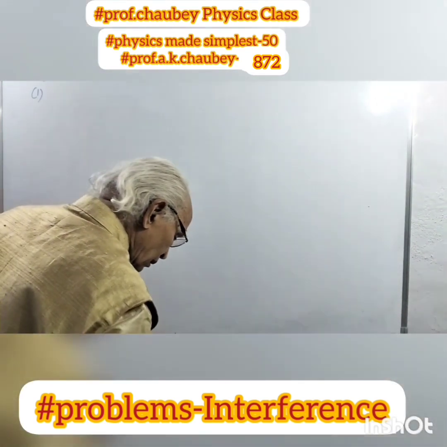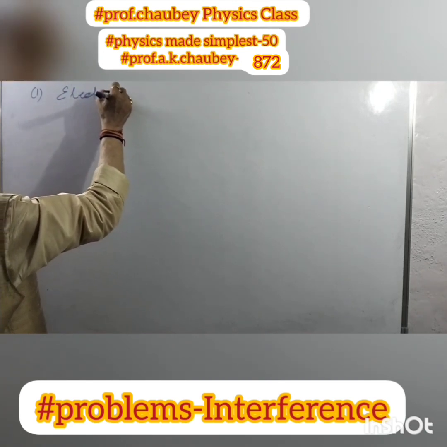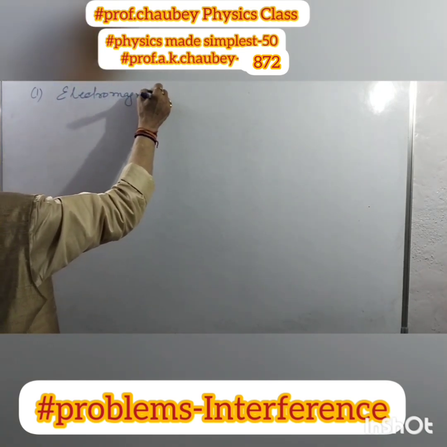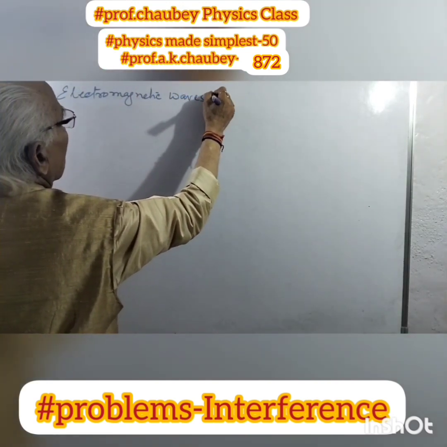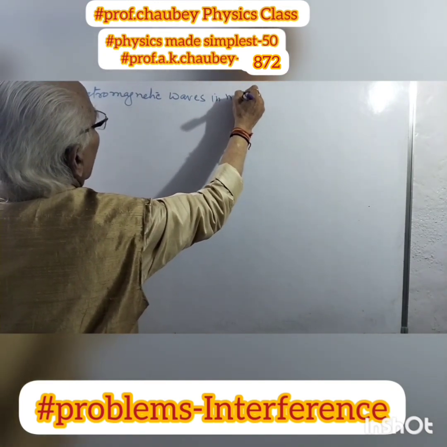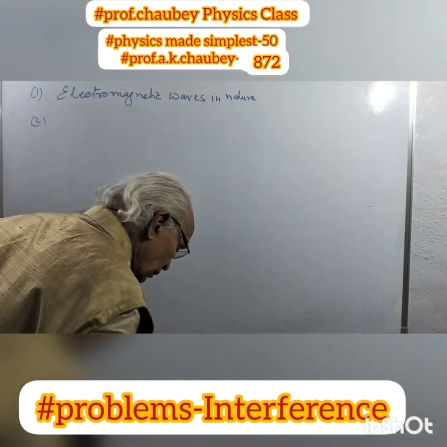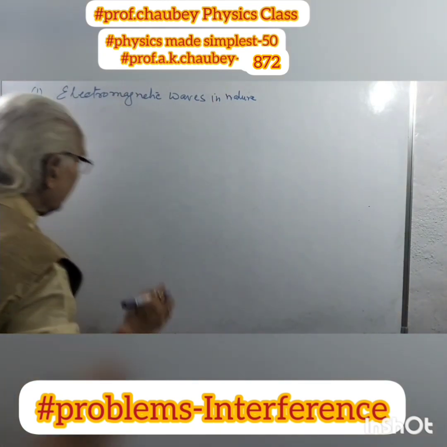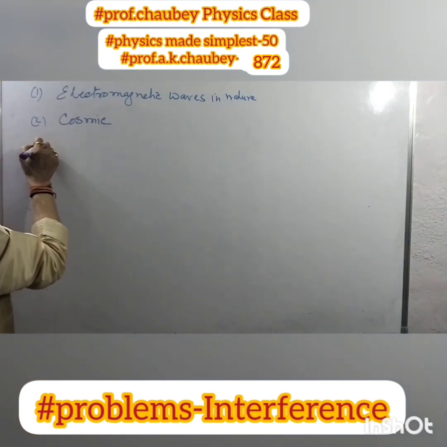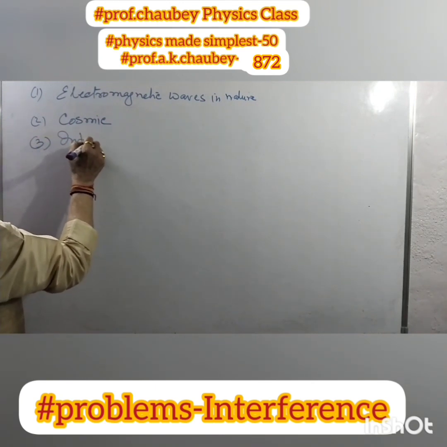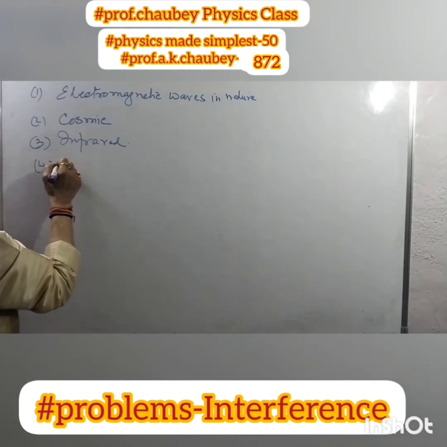Light waves are electromagnetic waves, that you must be knowing. In nature, light waves are electromagnetic waves. 2, light waves are cosmic, infrared, none of the above.